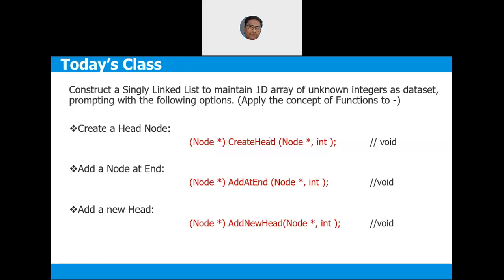As you can see, there are three functions which need to be implemented. Now think about the strategy. First, create your wrapper linked list structure outside of main. That is point one. So please focus, everybody.